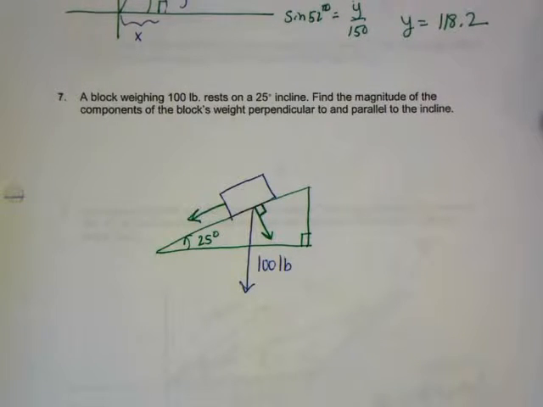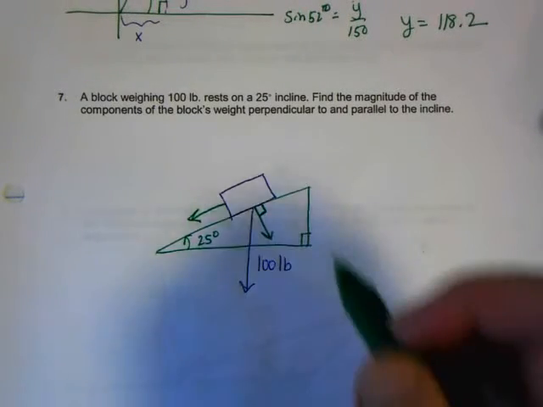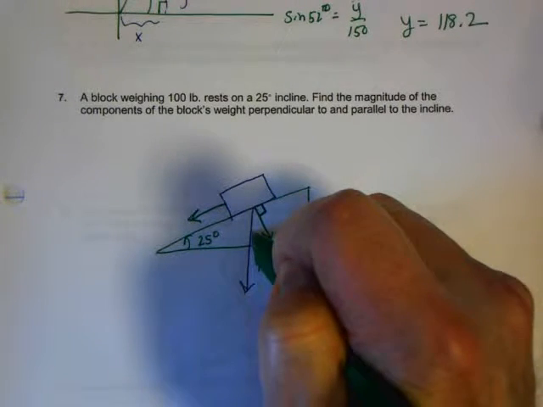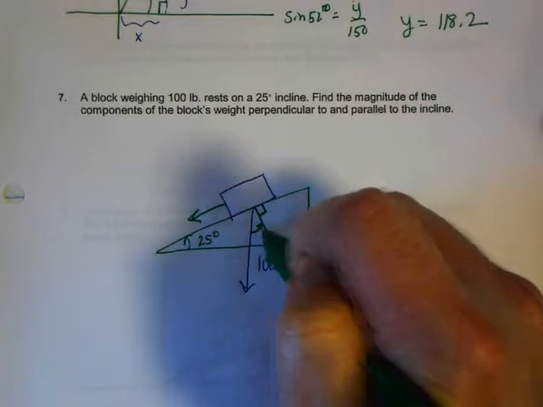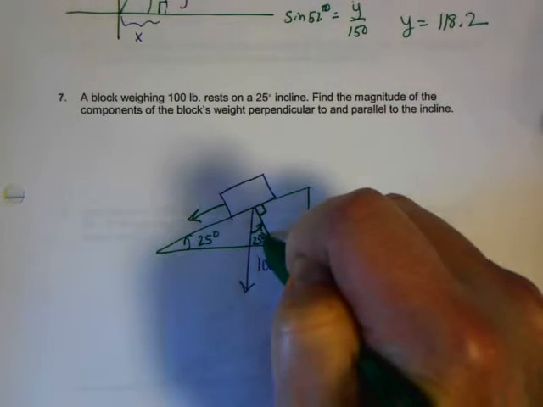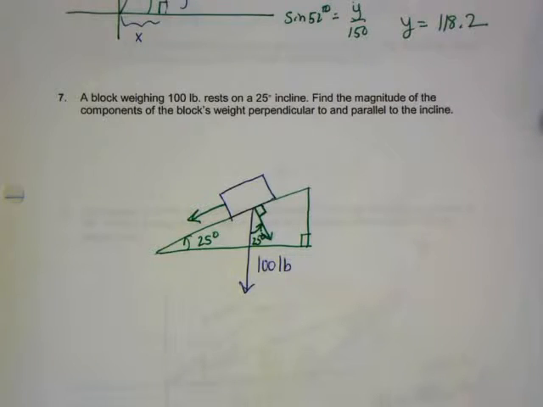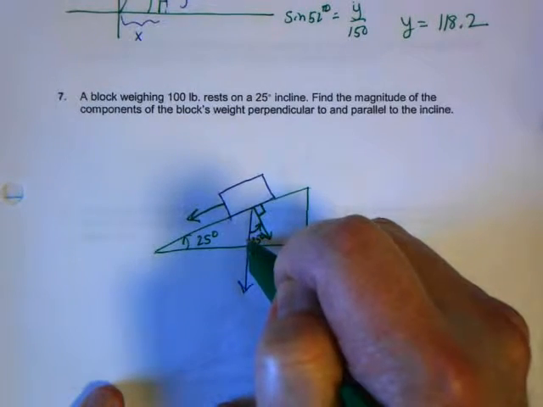What do you do? You know the angle right there is 25. Between the 100 and the other there is 25 as well. This angle right here is 25 degrees. Why is that angle 25 degrees? Well, this is a right angle.